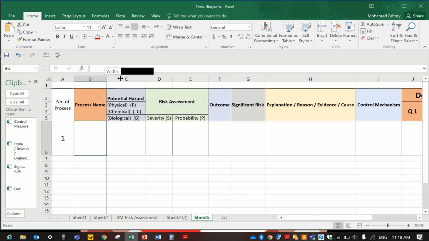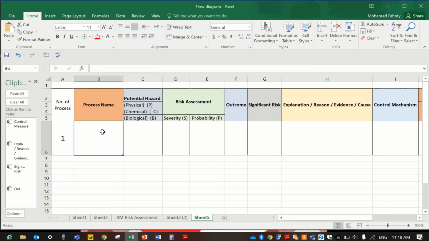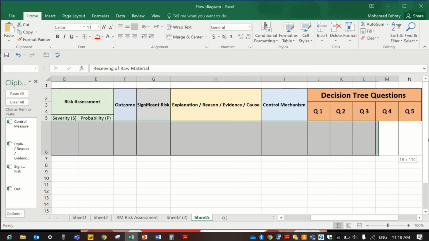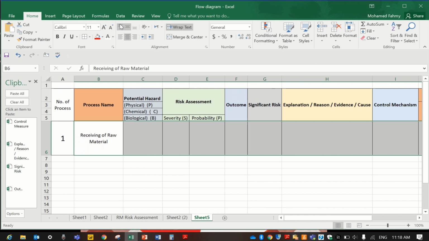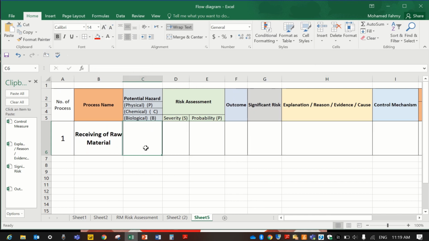The process name here is the receiving of raw material, and wrap the text, okay, receiving of raw material risk assessment.